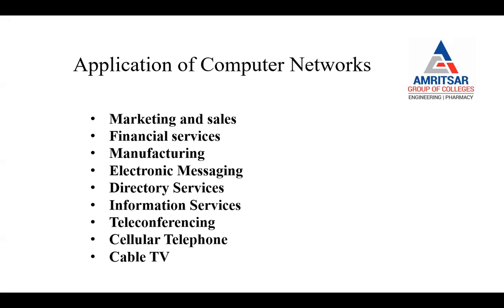Suppose Amritsar.in: if amritsar.com website is active, then it will show the web page with the information about this particular address, because that address in networking is our URL. So whatever URL you write, such as www.yahoo.com, it provides the information.